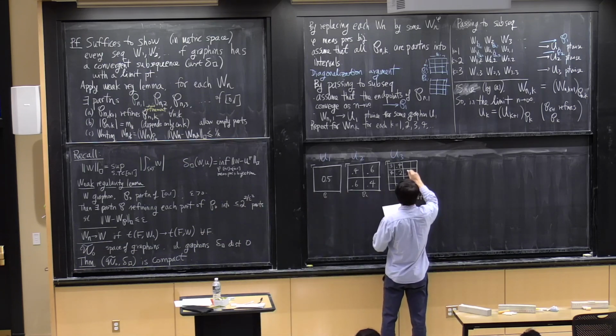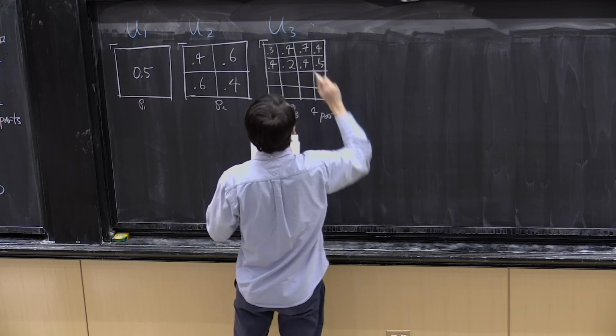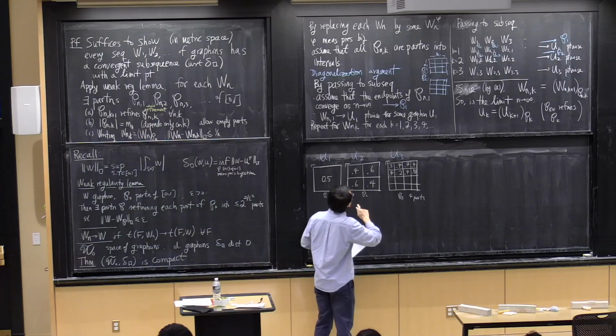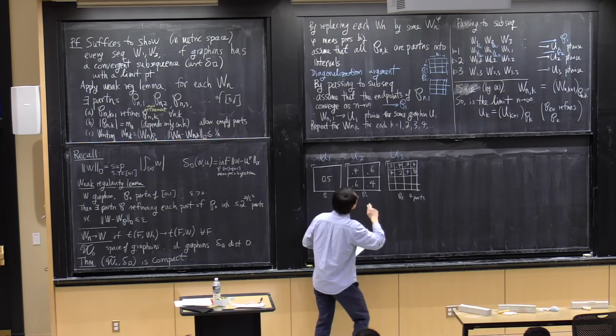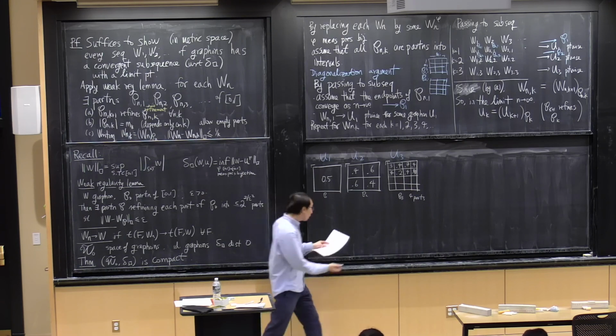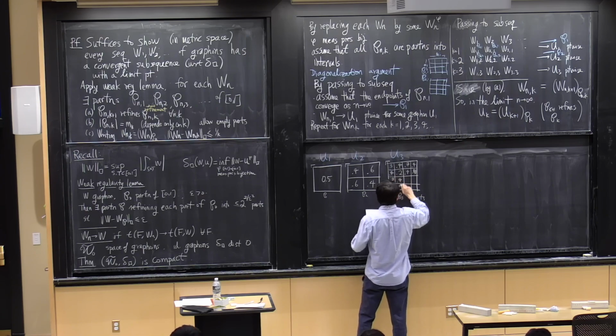Likewise, you can have something like that. So 4, 7. Right. And I should maintain symmetry in this matrix.